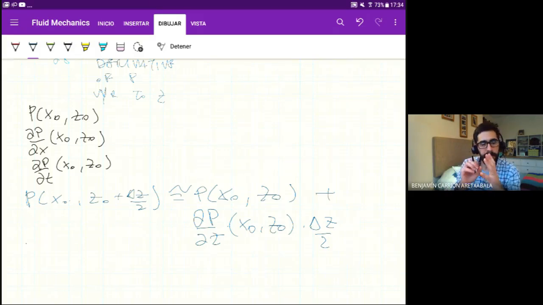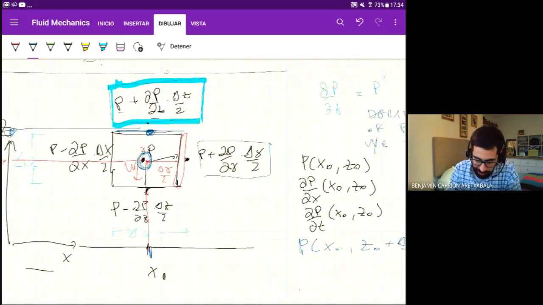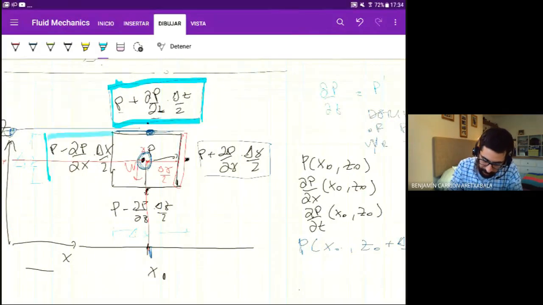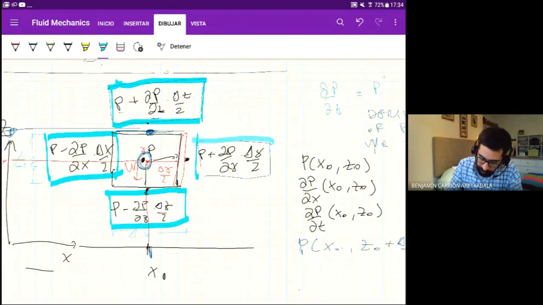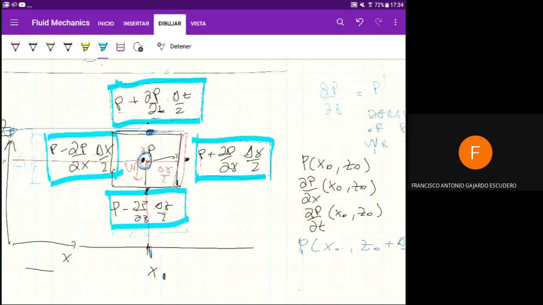So if we know the pressure at the center, we are approximating the pressure at the 4 sides with these 4 relationships. Okay, these are our approximations. Is that clear, or do I need to? Yes, it's clear now. But it's just the pressure in one point, right? Yeah.